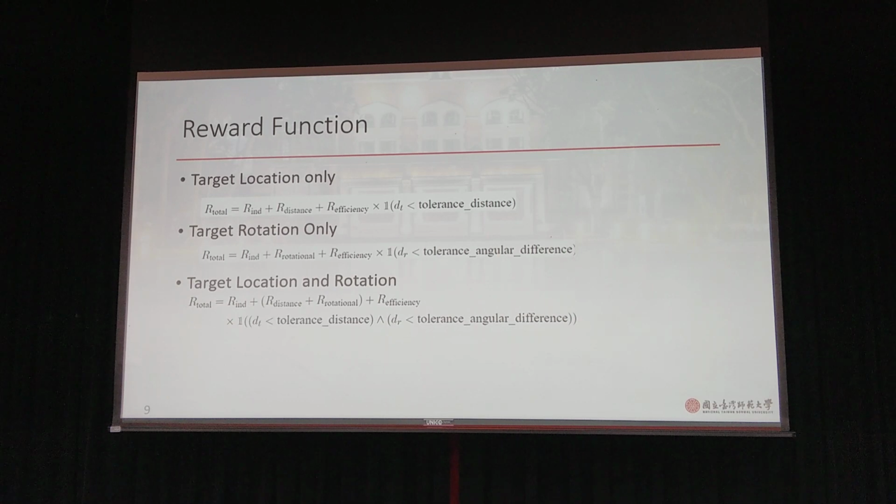Firstly, in the target location scenario, the total reward combines the individual reward with the reward for reducing the distance to the target, which is R distance, and the completion efficiency, which is R efficiency, an indicator of tolerance of minimum distance. And for target rotation only, we add the reward for rotational efficiency, and the third is a combination of both of them.